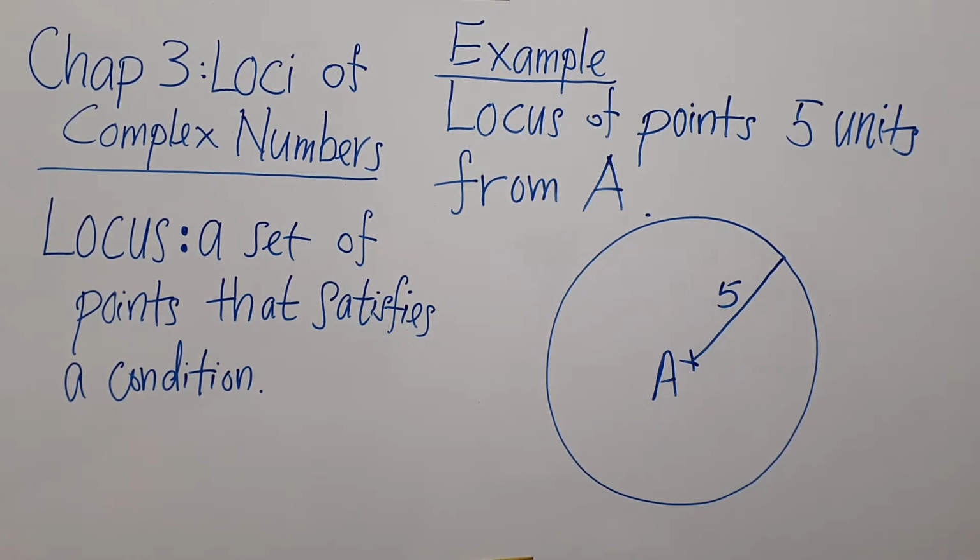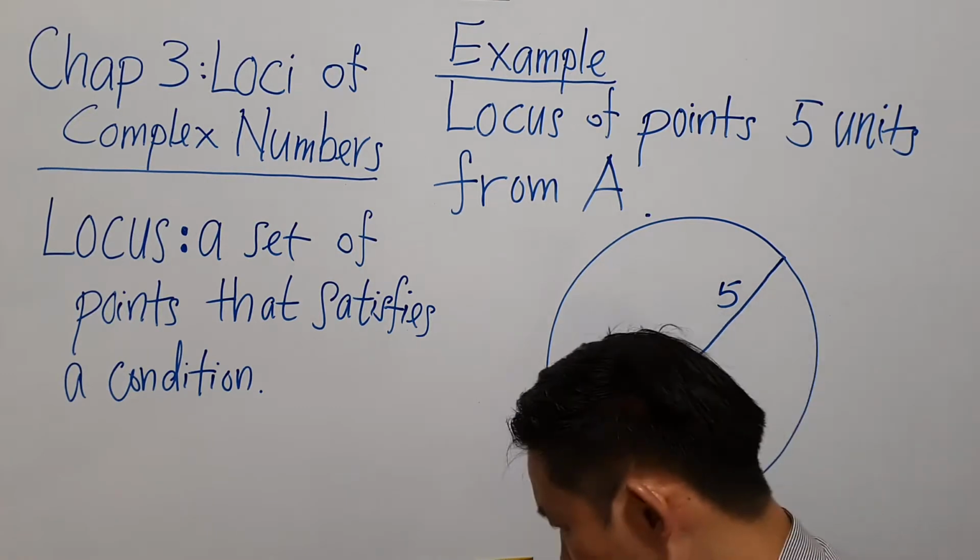Now, so locus represents a set of points that satisfy a certain condition. In the earlier example, the condition was the points are the same distance from A and B. In this other example, we are talking about a condition that is 5 units from A. In this chapter 3, we are referring to such kind of questions where we have a set of points that satisfies a certain condition.